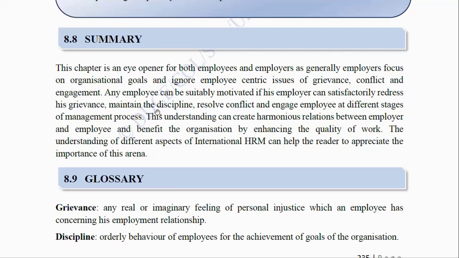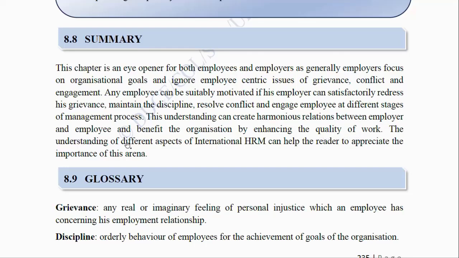Any employee can be suitably motivated if the employer can satisfactorily redress his grievance, maintain the discipline, resolve conflict, and engage employee at different stages of management process. This understanding can create harmonious relationship between employer and employee and benefit the organization by enhancing the quality of work.